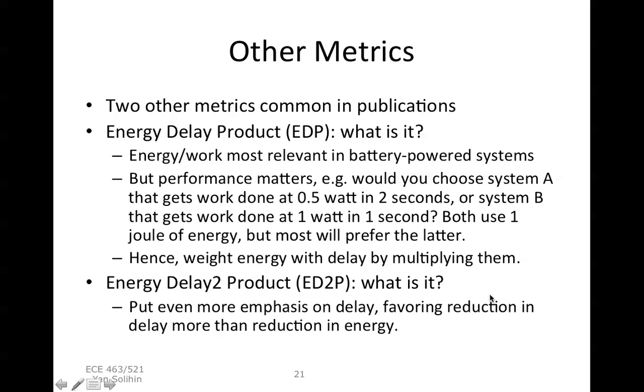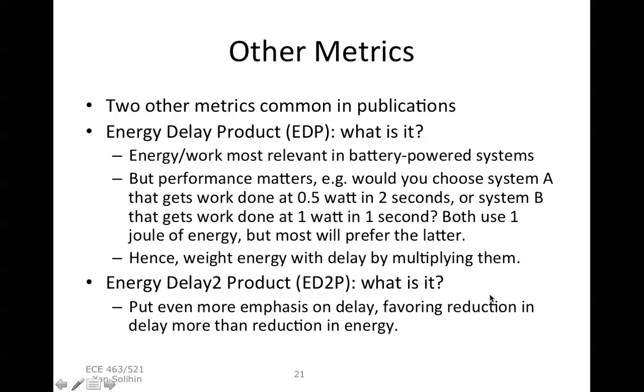But therefore, in order to give a preference towards faster systems, people have come up with energy delay products. So the energy is then multiplied with the delay. There is also another metric, or energy delay square product. And what is this?